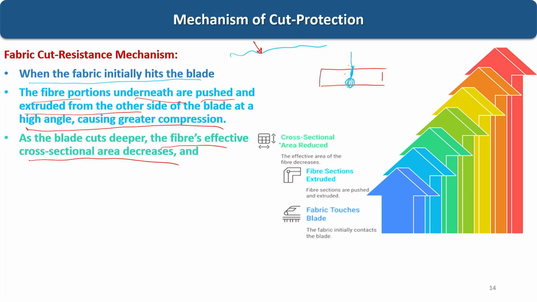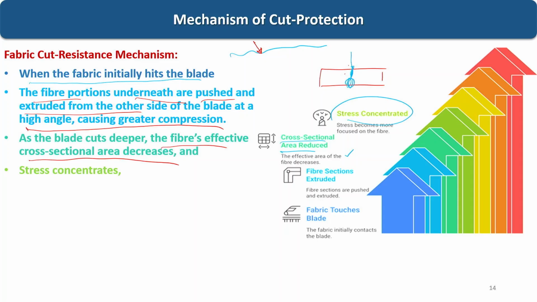The fiber cross sectional area is reduced. The effective area of the fiber decreases because it is cutting, and that is why the stress concentration will increase.